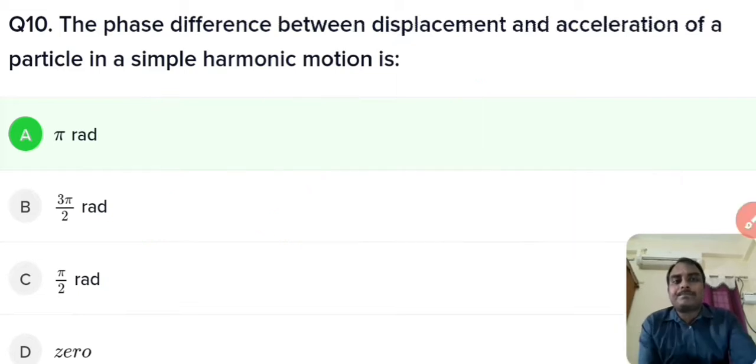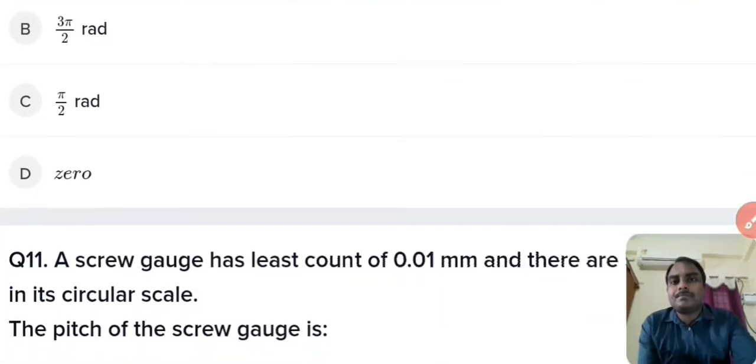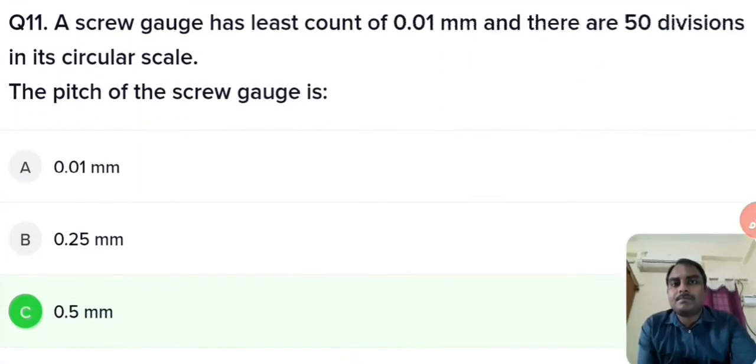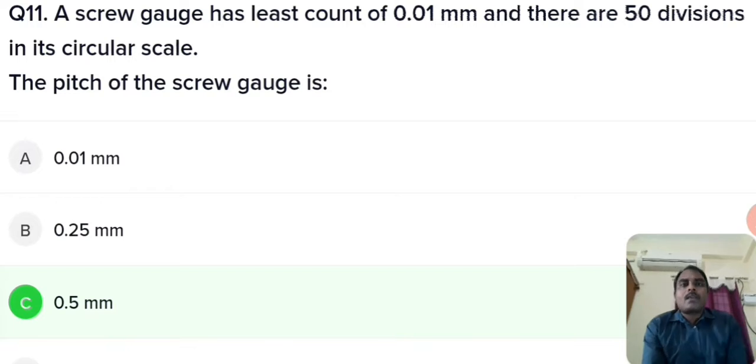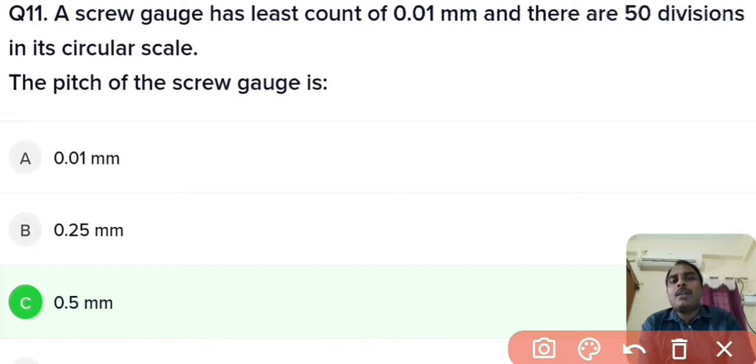Next question. The 11th one: a screw gauge has least count of 0.01 millimeter and there are 50 divisions in its circular scale. The pitch of the screw gauge is. So it is a direct formula.